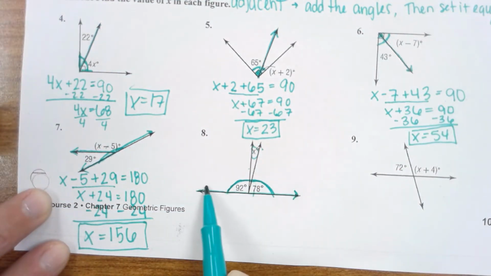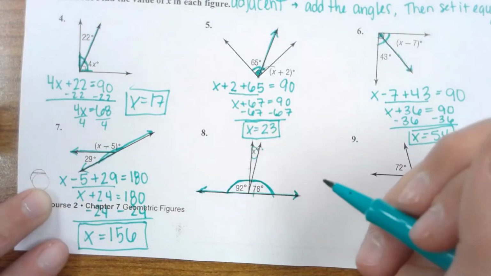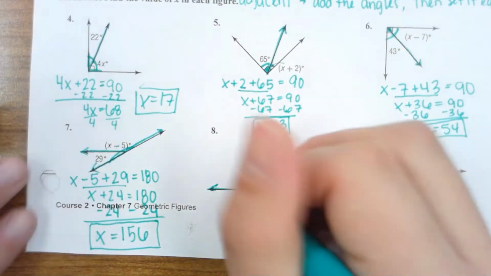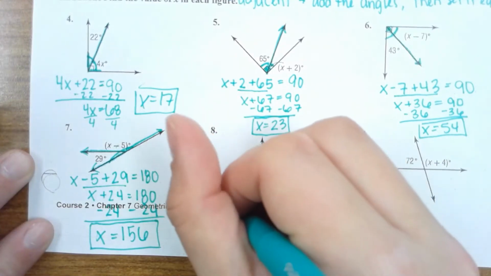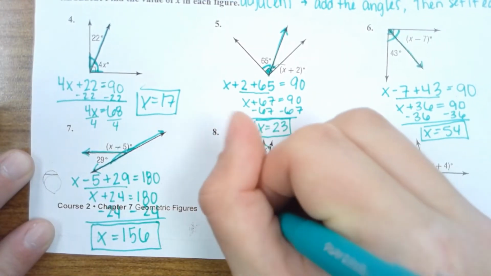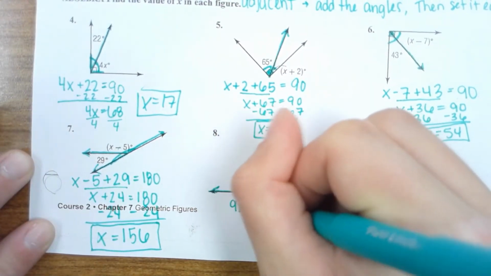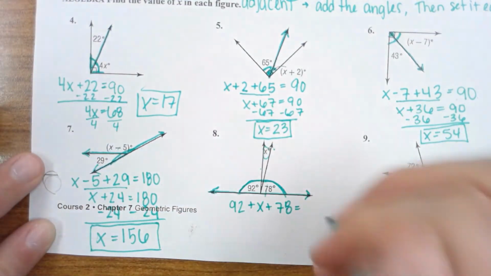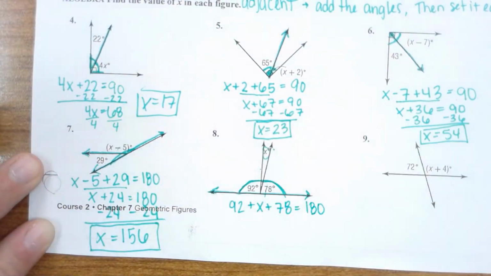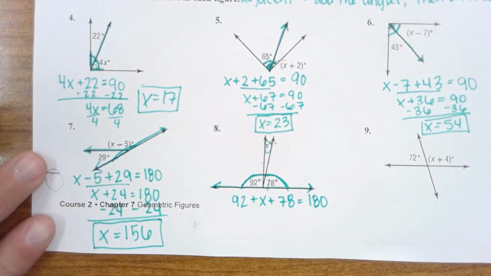So if I want to solve for x and I have adjacent angles, I'm just going to add all of these angles together. So I have 92 plus x plus 78. And again, they form a straight line, which is a 180-degree angle. So I can go ahead and simplify.